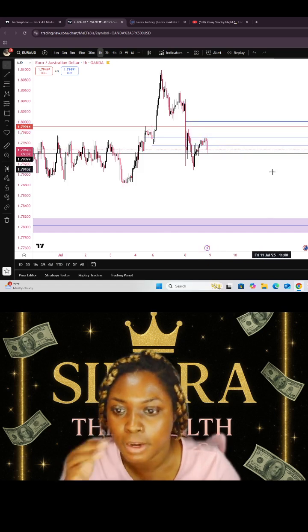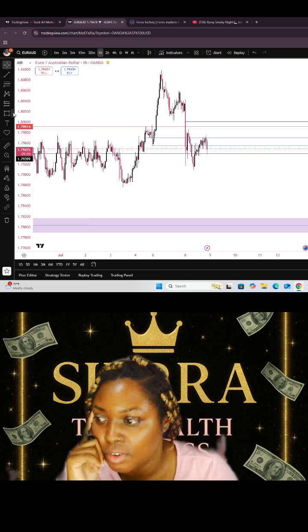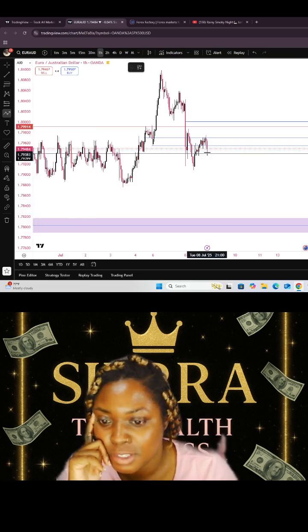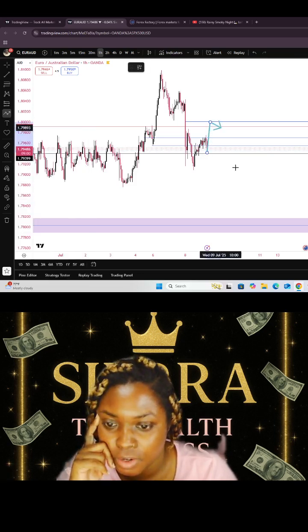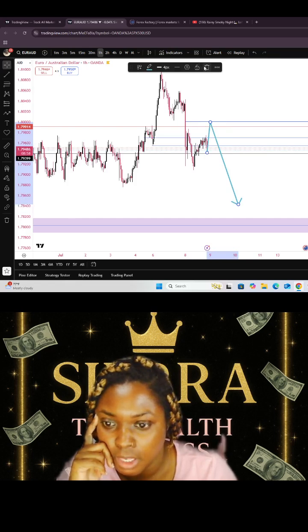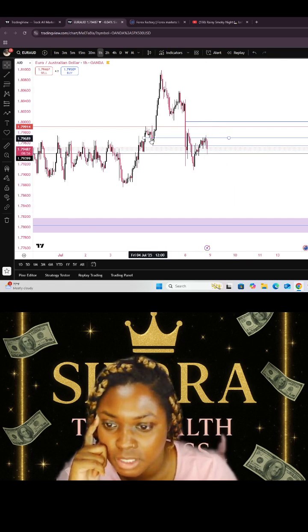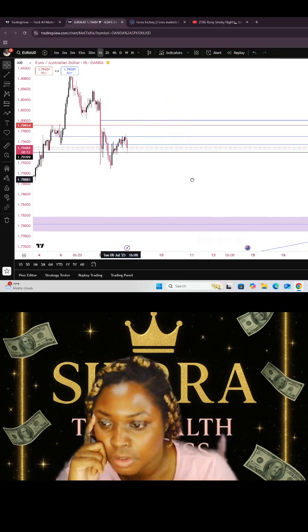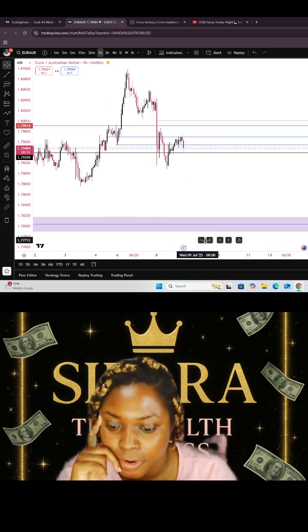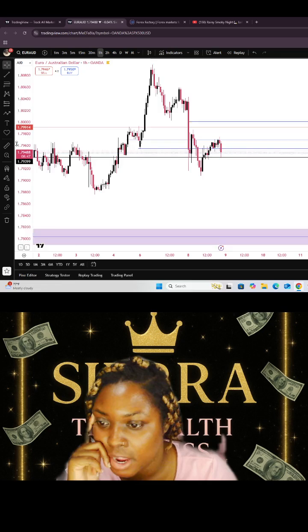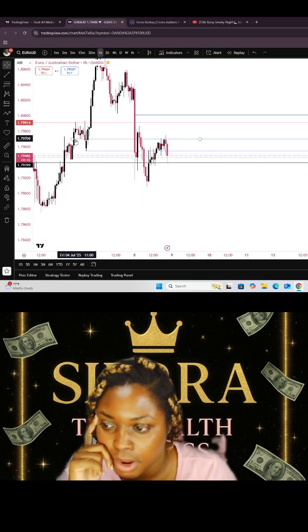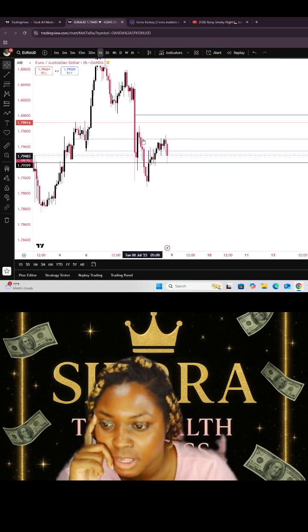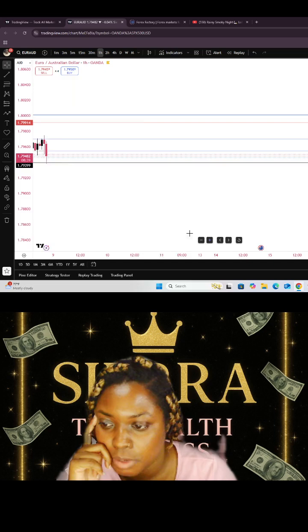Okay. Now, although I would have loved for price to pull all the way back here for me to sell, it looks like it came to this inversion fair value gap. So price came back to this inversion fair value gap. And right here on this blue line, 50%, price created an evening star candlestick pattern.